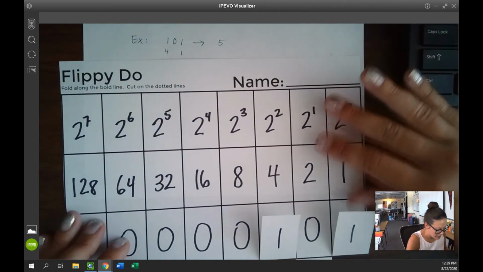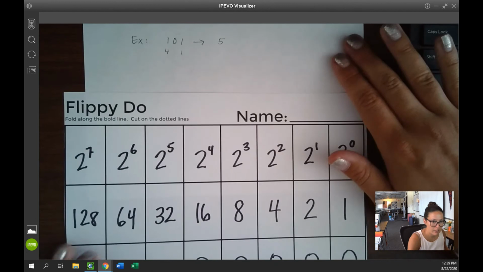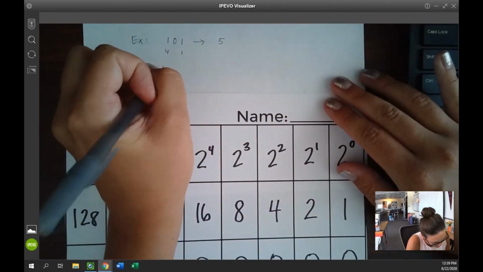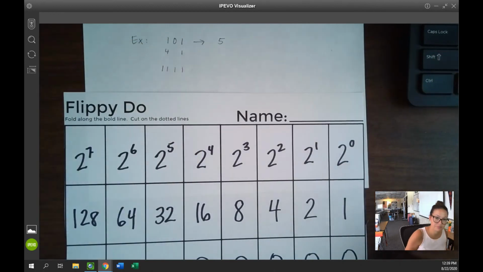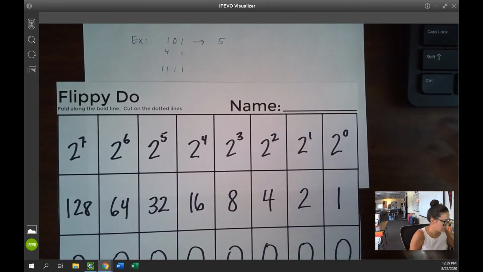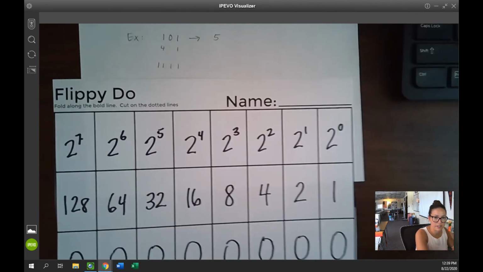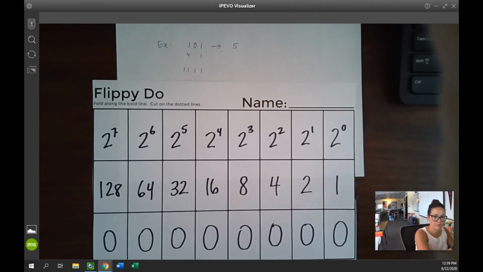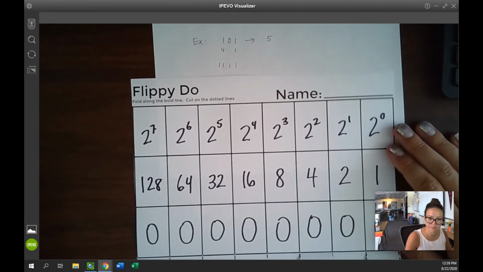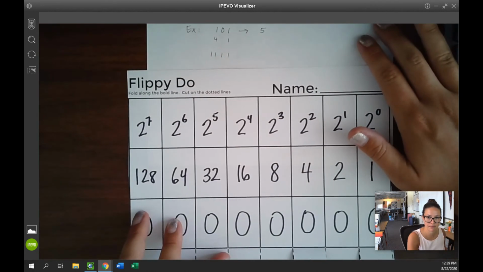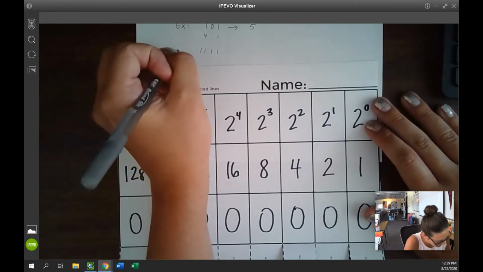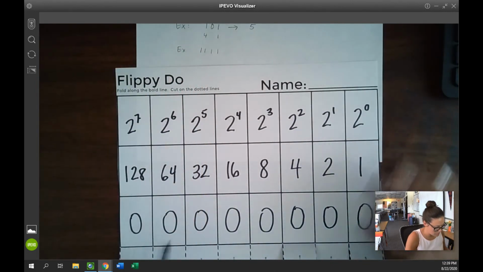Let's try another example. Let's say I have 1111. I'm going to use my Flippy-Do again. Let's see if I can zoom out a little bit here. That's better, I can see a little more. Okay, 1111.